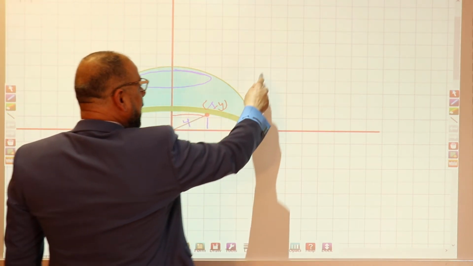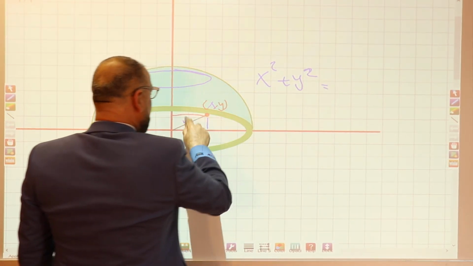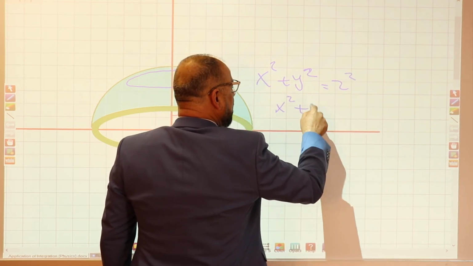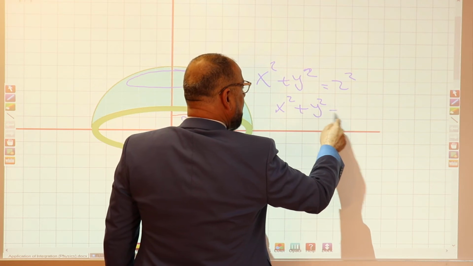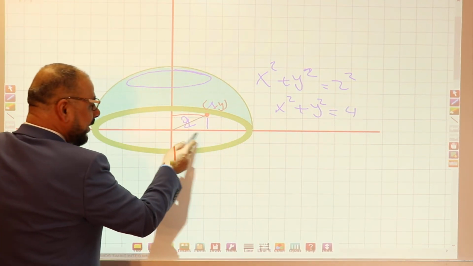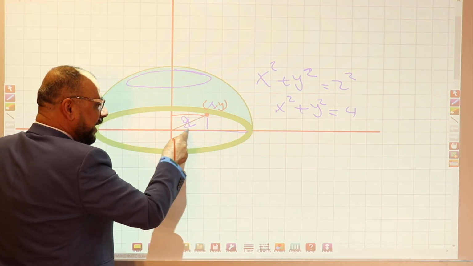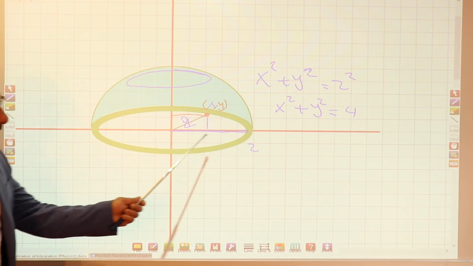Now that's what I meant. x squared plus y squared equals 2 squared, right? Equal 4. And notice the maximum value for x is 2. Right, guys? The maximum value for x is 2.